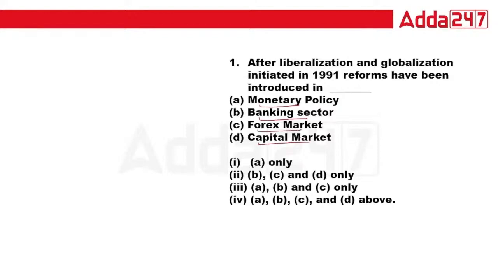First option A, second option B, C, D, third A, B, C, and fourth is A, B, C, D. Which of the following is the right answer?